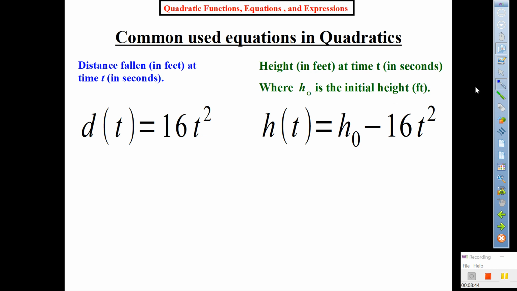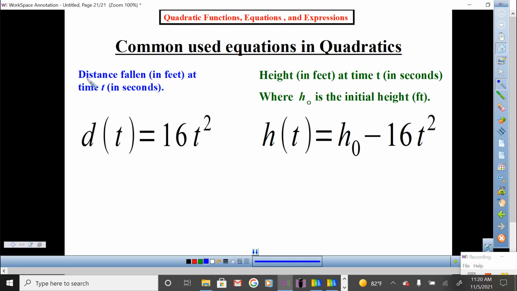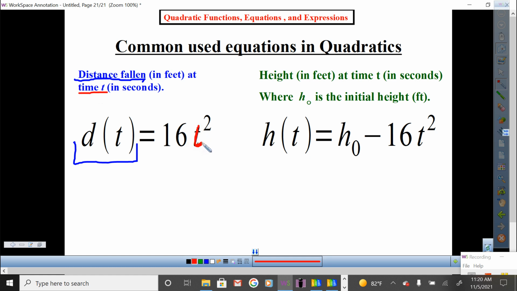Distance. The word distance starts with the letter what? That means this is distance. That means that time is what? So this one is going to compensate for time. Do you see time on the other formula?